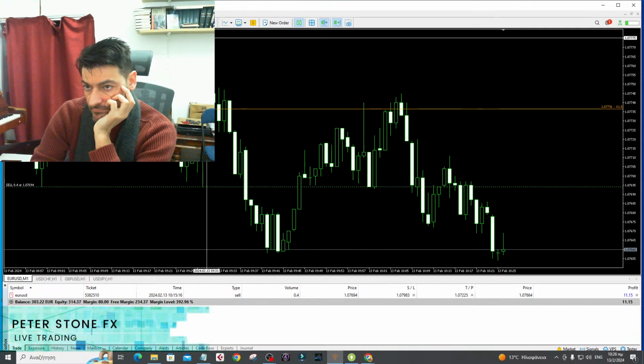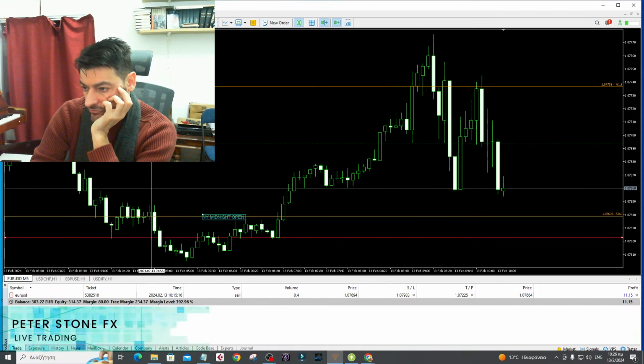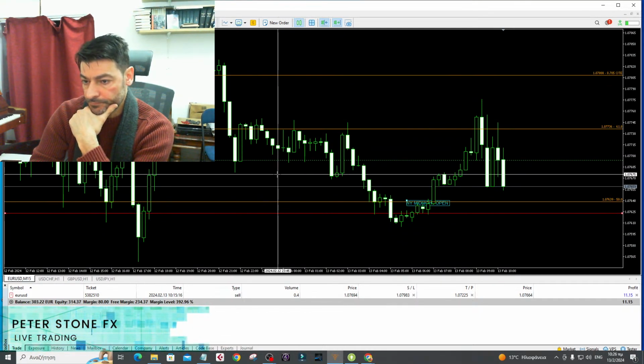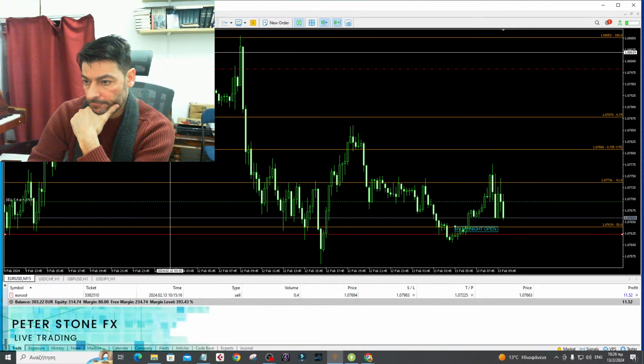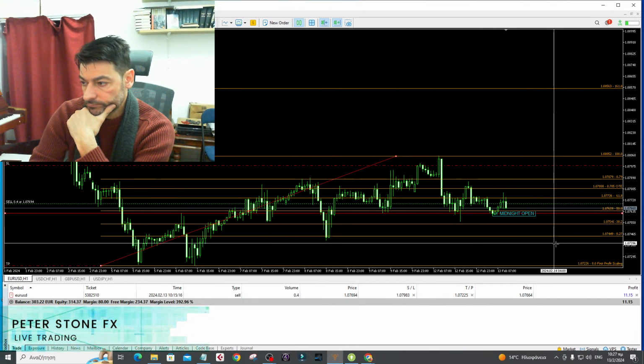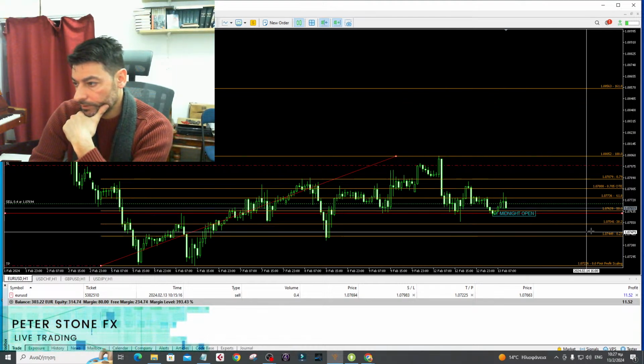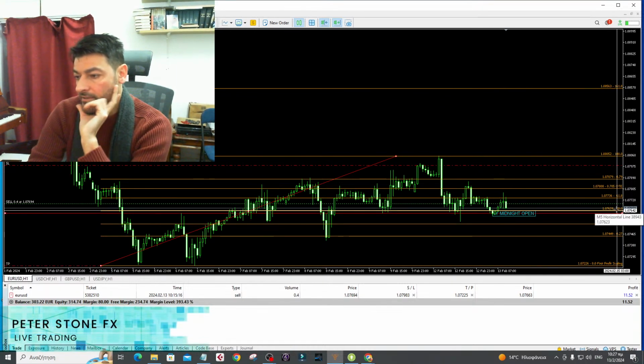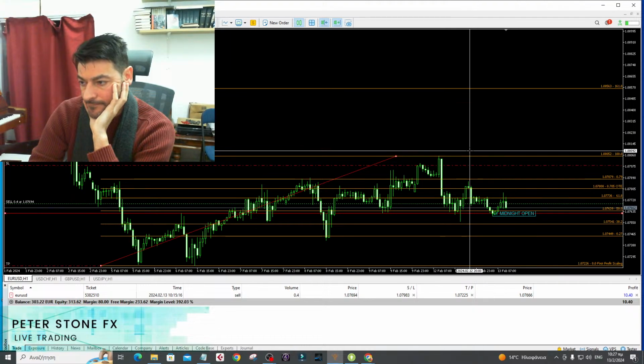Okay, we're not far away because targets are lower and big targets are lower, except the New York Midnight Open. We will hit the 50% of this area.